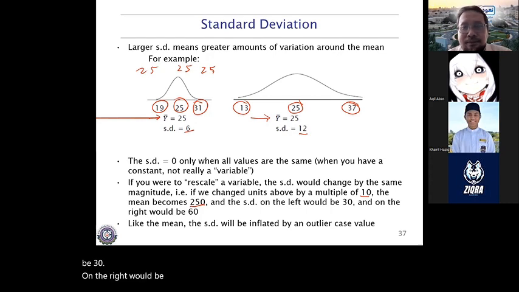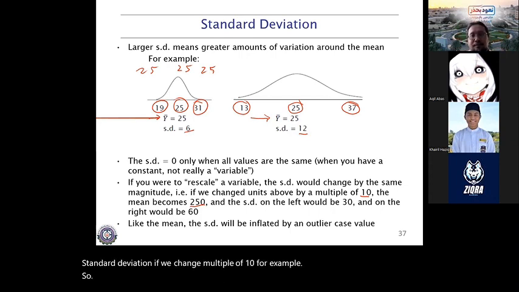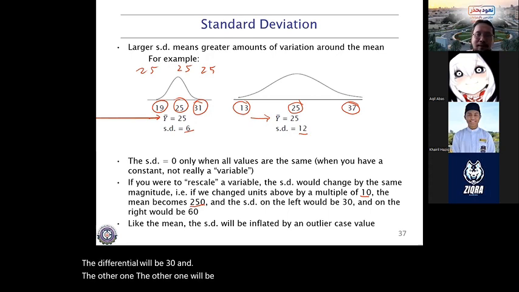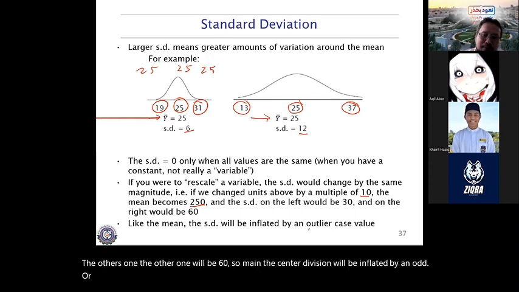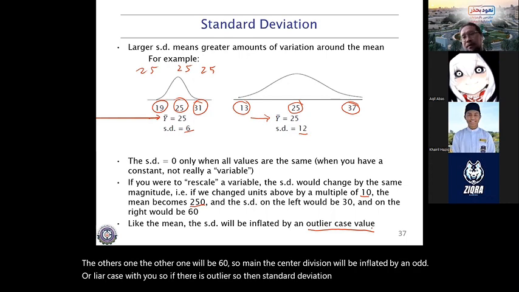So the mean is 250, and the differences are 30 and 60. Like the mean, the standard deviation will be inflated by an outlier value. So if there is an outlier, the standard deviation will also be affected.